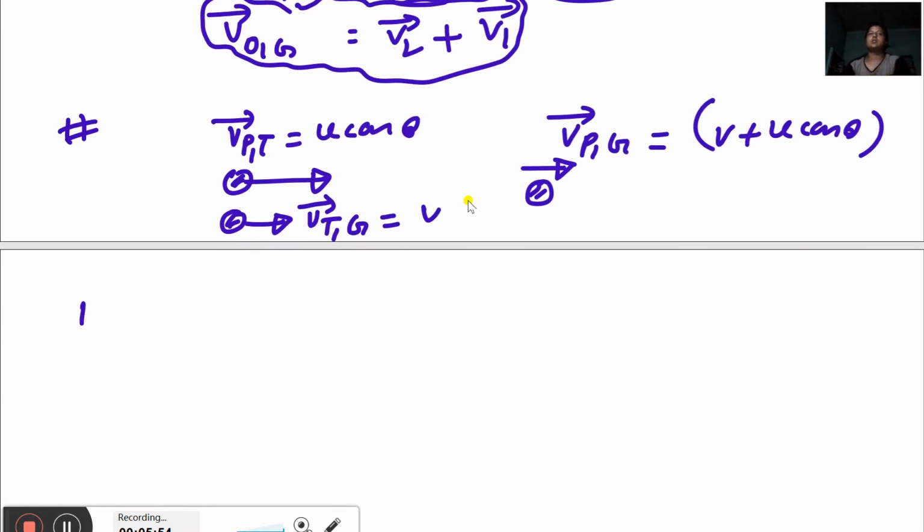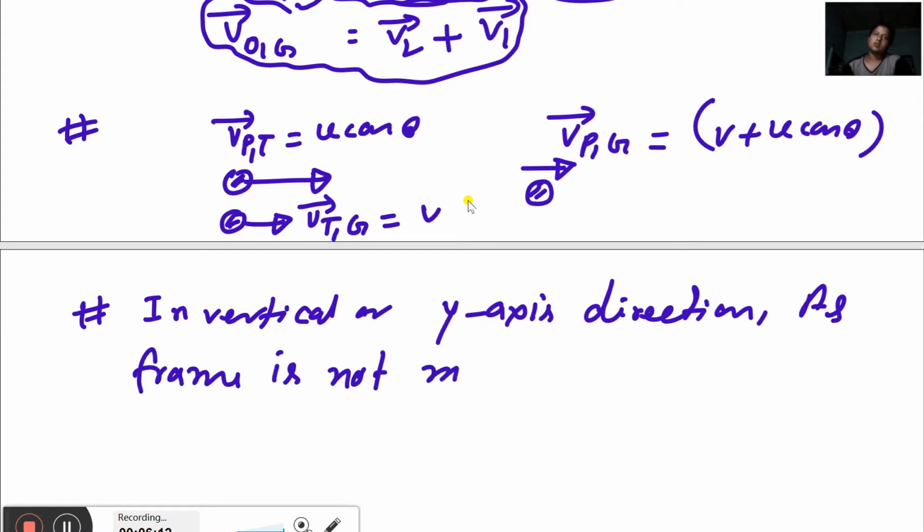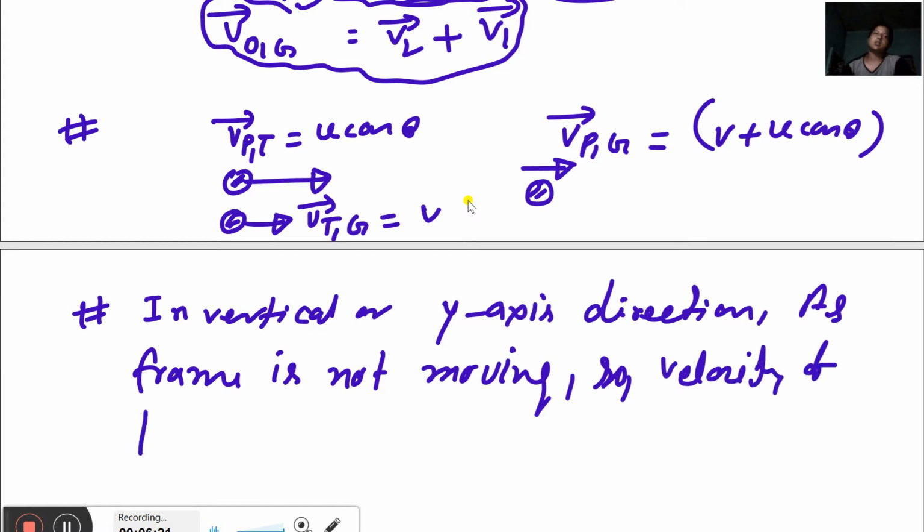In vertical or y-axis direction, as the frame is not moving vertically, the velocity of projectile remains unaffected.